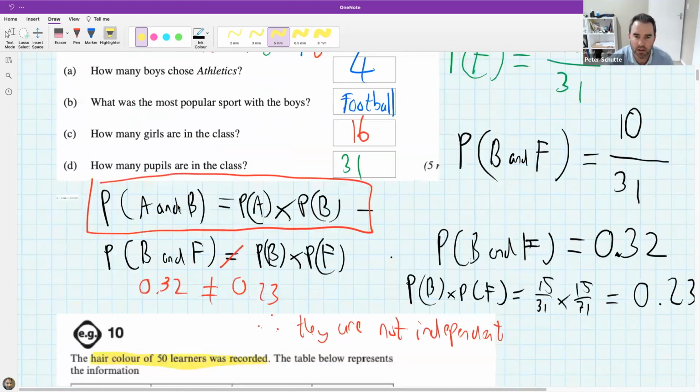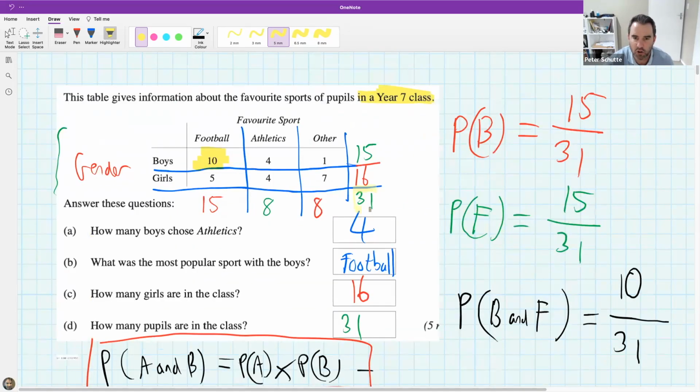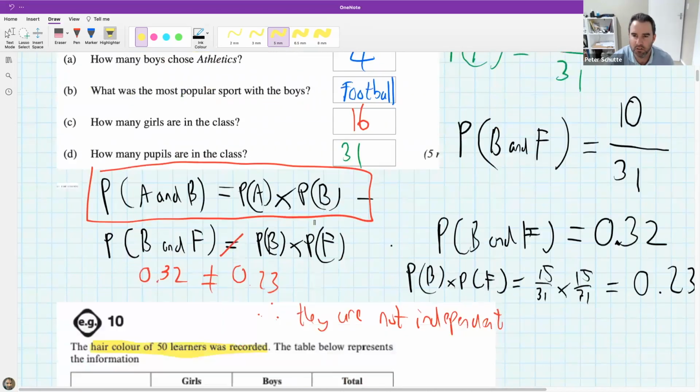Because 31 was the total in the whole class. And so because there were only 31 people in the whole class.